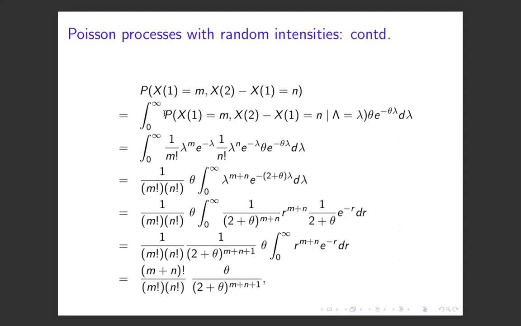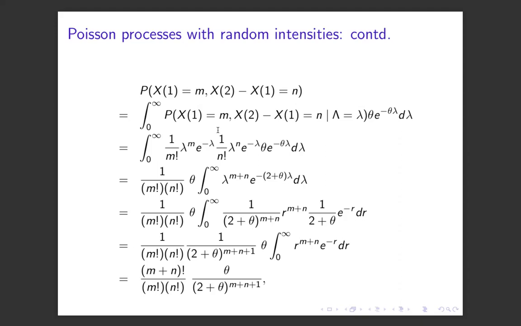Consequently, using that, we have an expression for this conditional probability from our knowledge of time homogeneous Poisson process with parameter lambda. Given this information, the increments X1 and X2 minus X1 are independent.